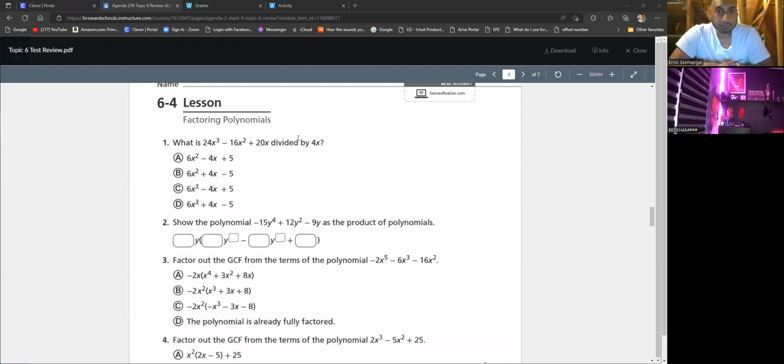Hold on, I'm looking at my notes. Okay, I know how to do this. Divide each of the three terms by 4x. Have you ever seen the X method? Yes. Okay, set it up.